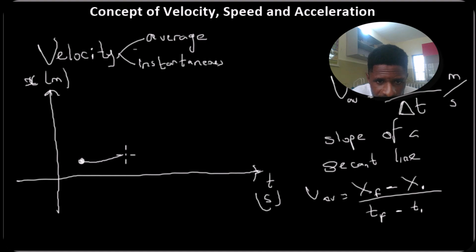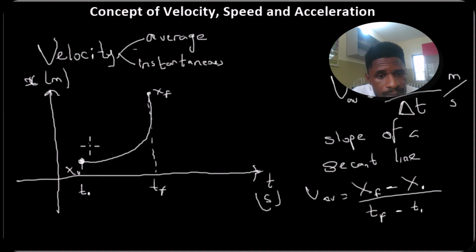All right, so let's assume that I have motion that goes like this. So at this point, I'm moving in this direction. Okay. Now, let me call this my x initial. Let me call this my x final. Of course, at x initial, I have a t initial here. At x final, I have a t final at this bottom place.